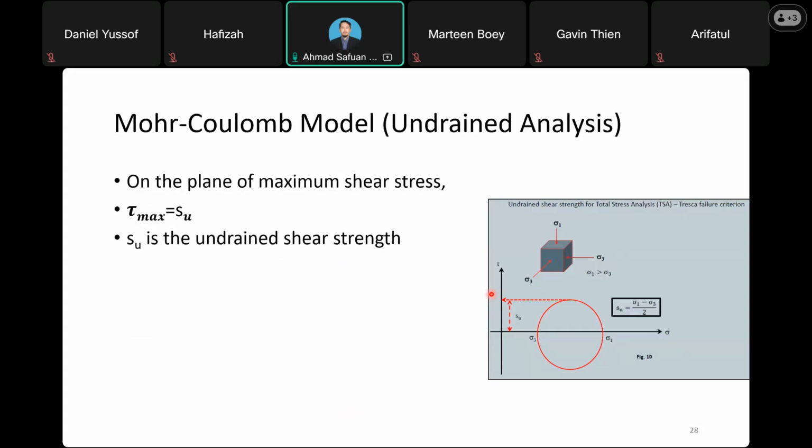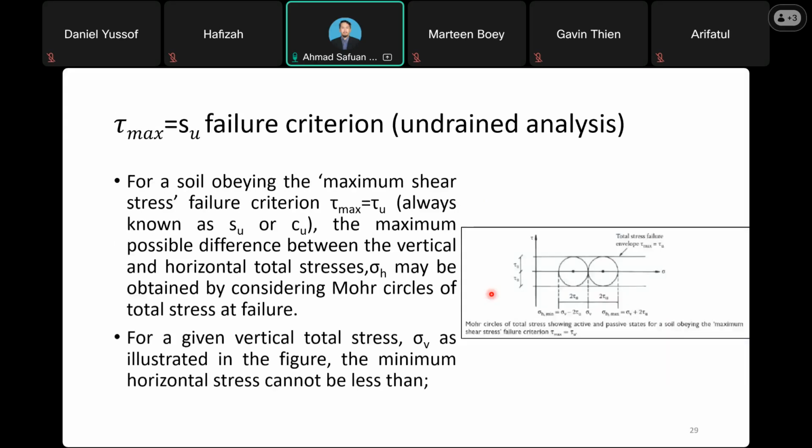On the plane of the maximum shear stress, tau max is equal to Su, the undrained shear strength. For a soil obeying the maximum shear stress failure criterion, tau max is equal to tau u, or Cu or Su.